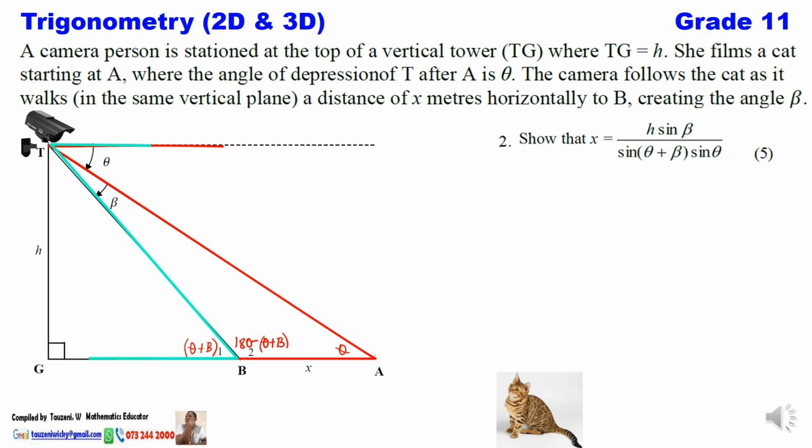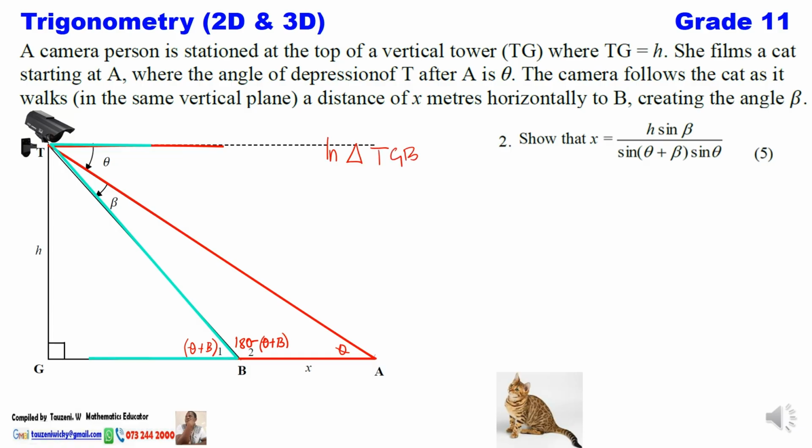Now, out of the two lines, TB and the line TA, we are able to calculate the length of line TB because line TB is a part of a right-angled triangle, which is triangle TGB.